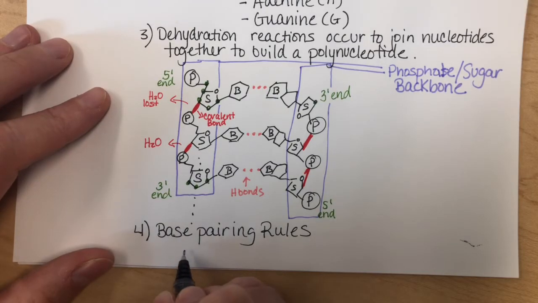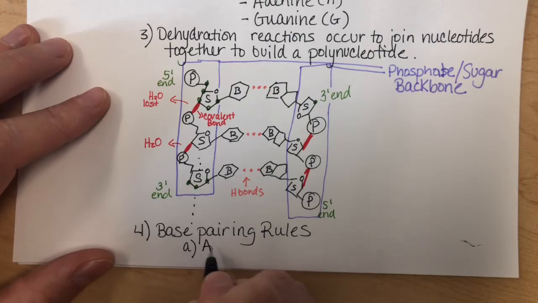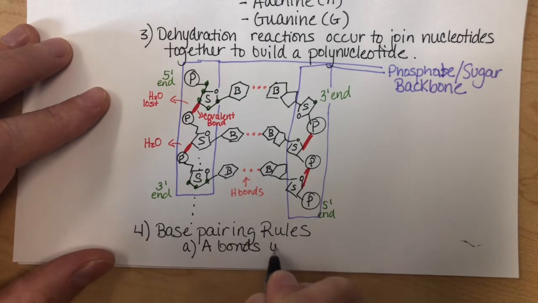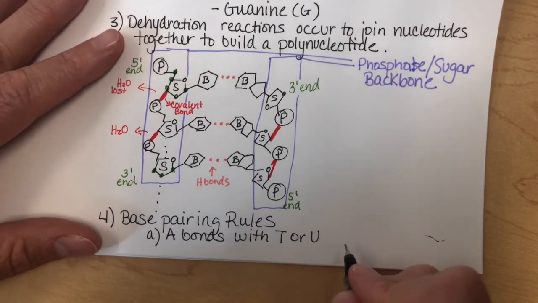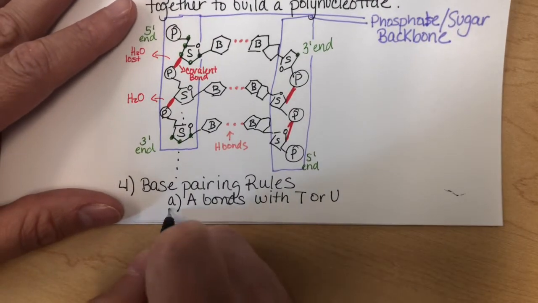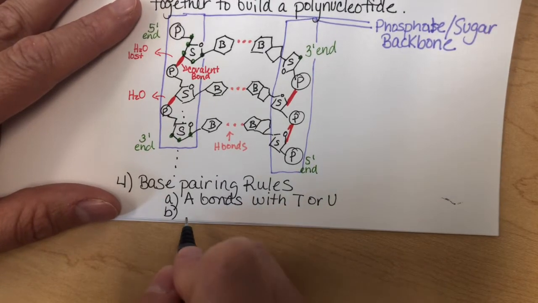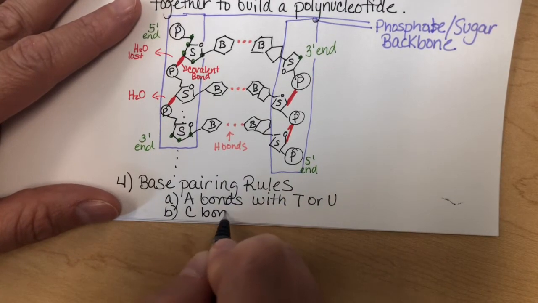I don't know if you remember from biology: A bonds with T, or U if it's in RNA, and C bonds with G.